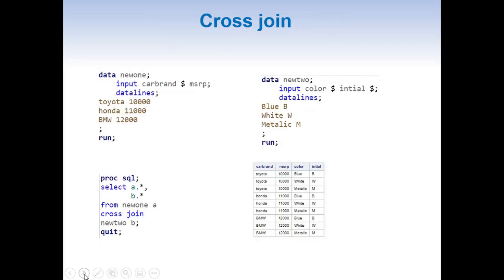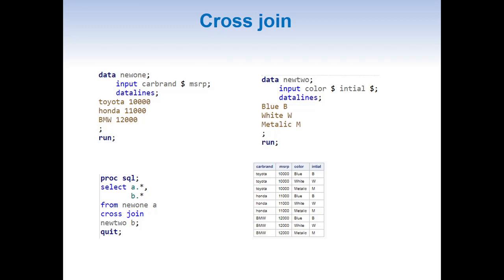Now that we have looked into all kinds of joins, let's go into something unique and different, that is cross join. This kind of join we rarely use, and what we are going to do here is join this dataset with this dataset, but this join is not based on any variable.